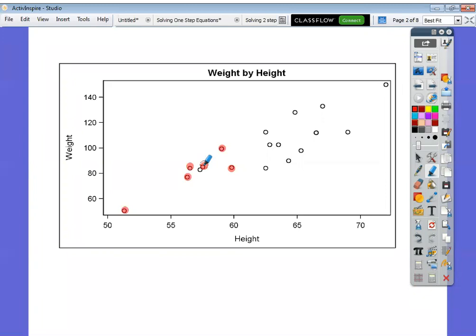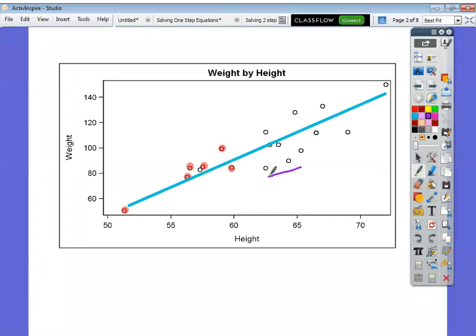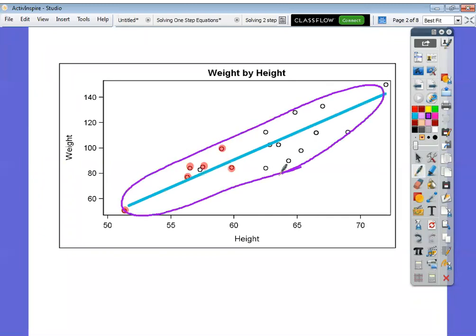Now, the next thing is this. If you notice, these dots go up in this direction. See how the majority kind of goes up in that direction? I can put a line through that.